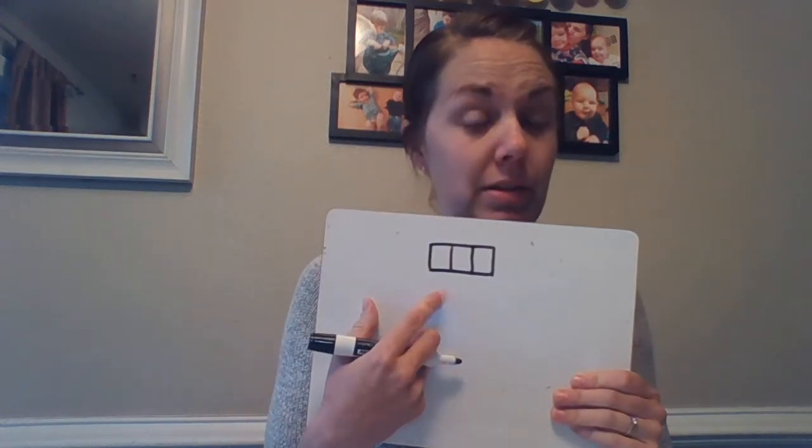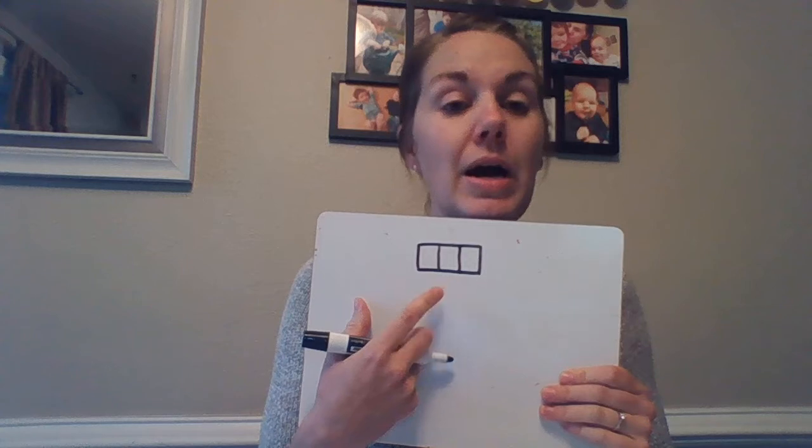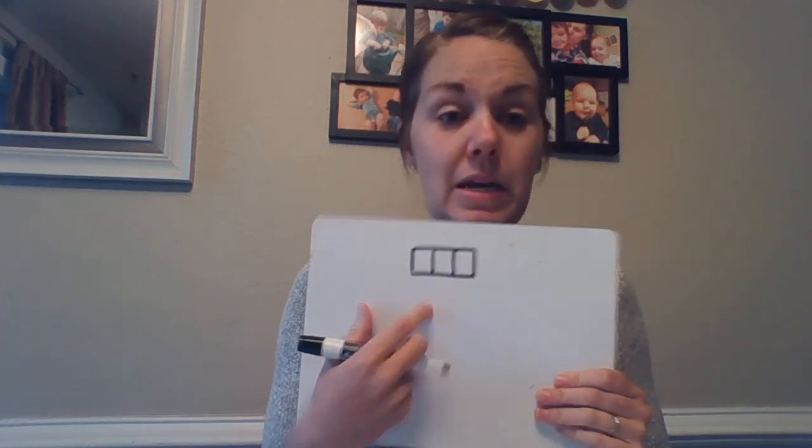So they're saying you're going to have a starting row that looks like this. Now, I know that this is only 3 tiles, so I would just keep adding rows of 3 until I get to 12. So if I added another row of 3, that would make it 6.